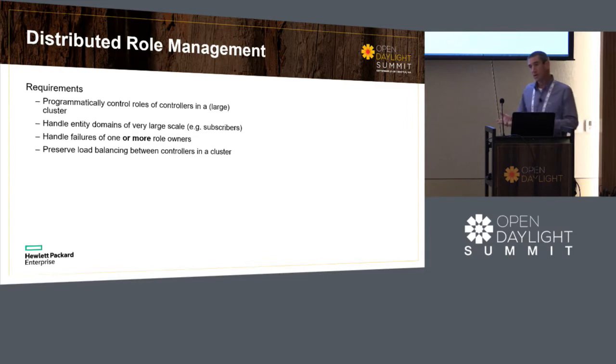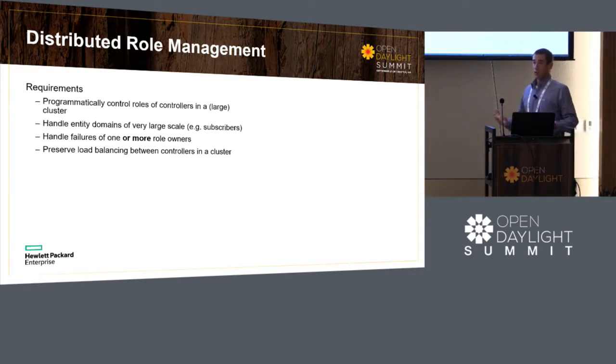Maybe you're used to a single controller instance or a 3-controller cluster, but there is a possibility to have more than 3 controllers in a cluster. And in extreme cases, we're even talking about multiple clusters sharing responsibility for certain roles, which is also possible in a geographically distributed instance of certain problems.